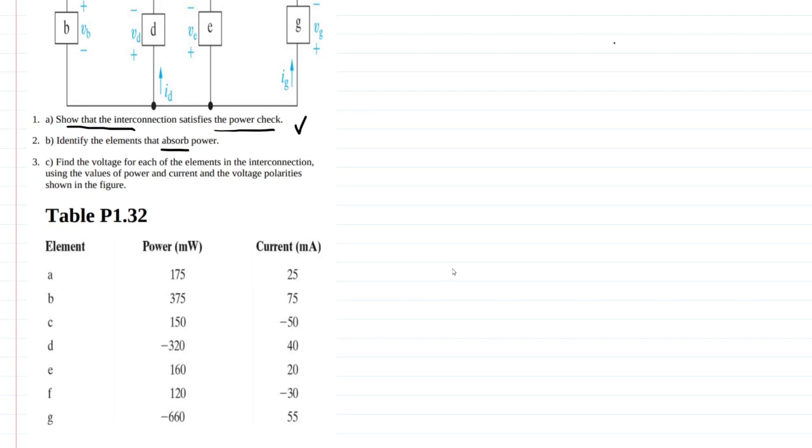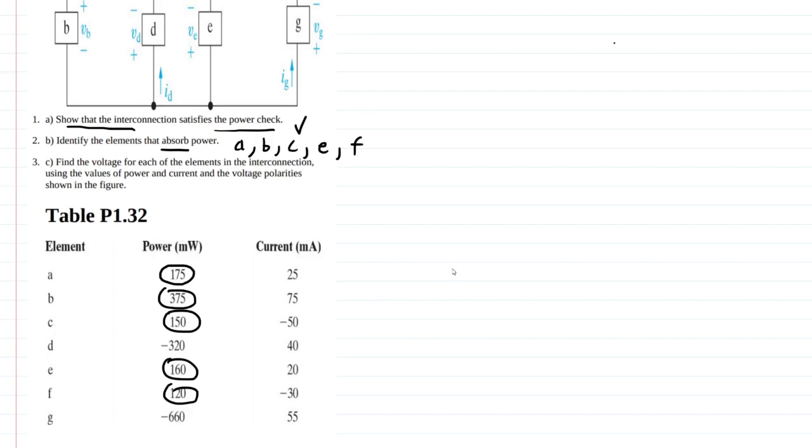Anyway, you can tell that because it has a positive sign for these. It means that it is not supplying, it is dissipating. So we can say that elements A, B, C, E, and F all absorb power.